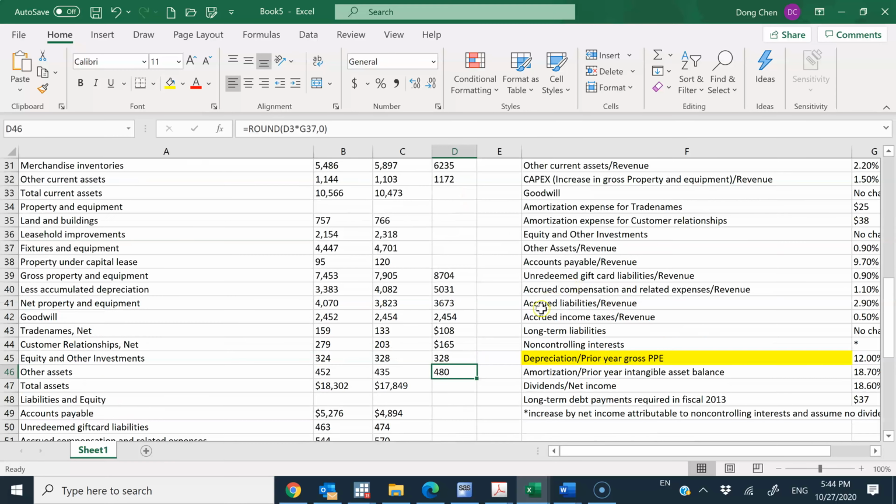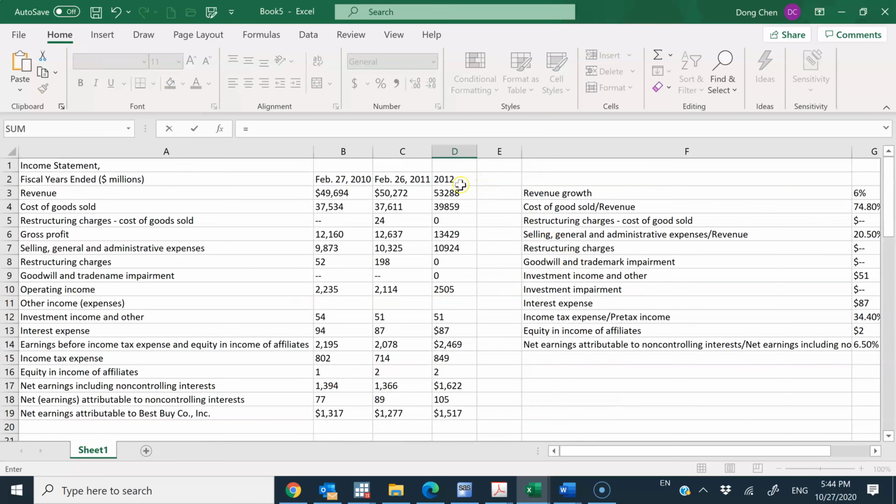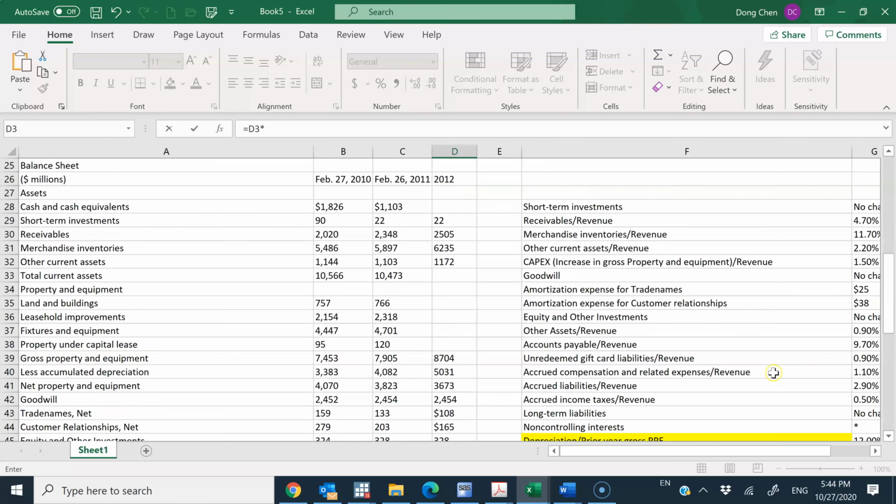Sometimes if I do this very quickly, it might not give me the desired result, so I have to make sure about that. All right, so accounts payable: it's the new sales, right here, and then times this percent, accounts payable, right here. Again, use the round function to the whole dollar.